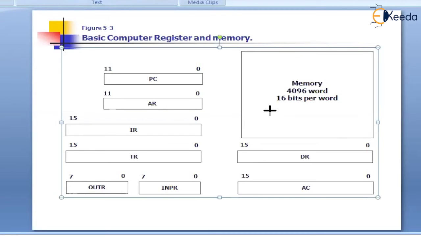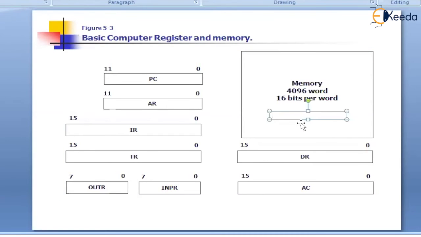Address size equal to 12 digits. Why? Because 4096 is equal to 2 power 12. So the address size must be equal to 12 digits, right? So here this part should be equal to 12 digits.